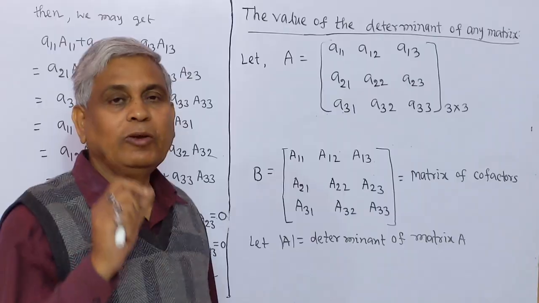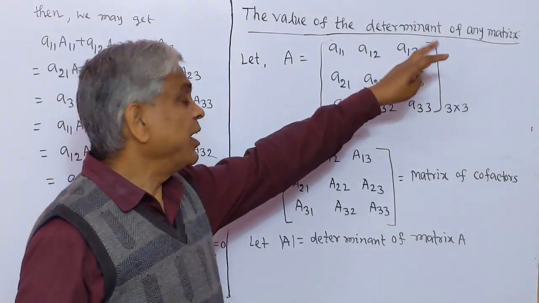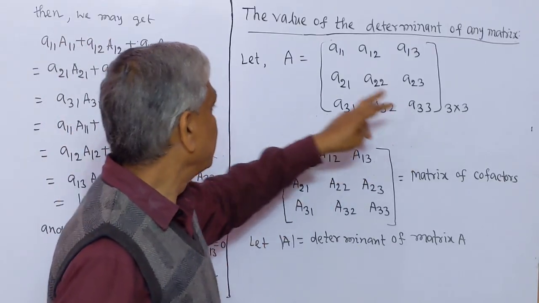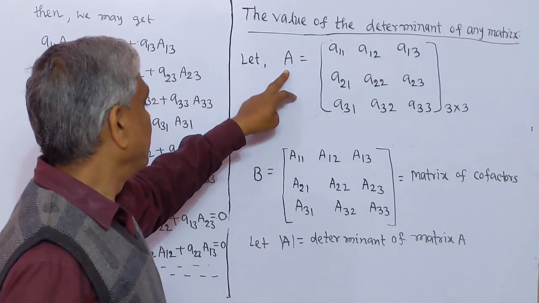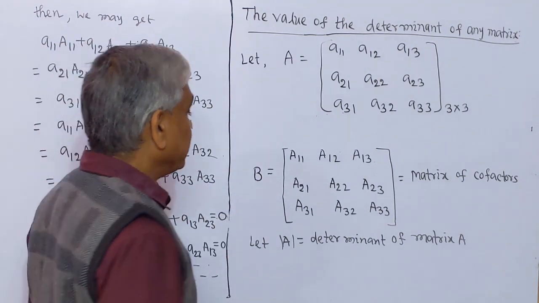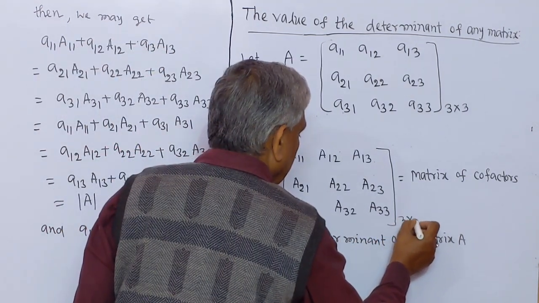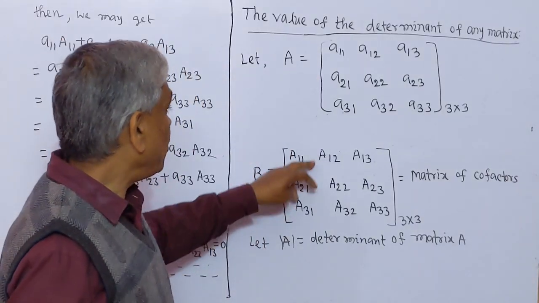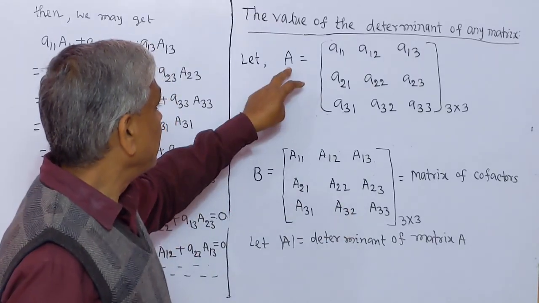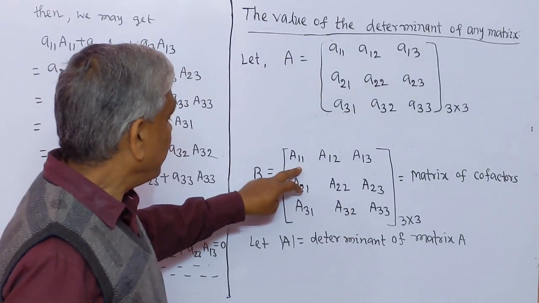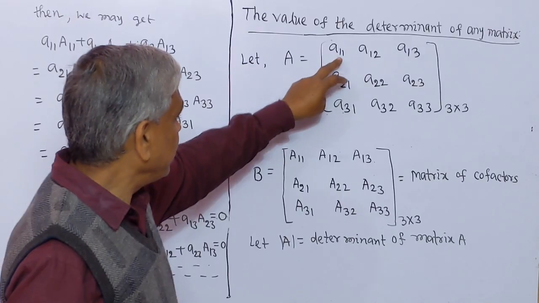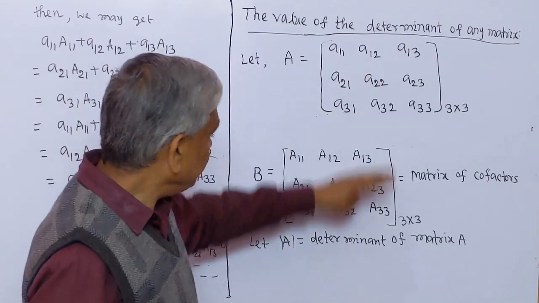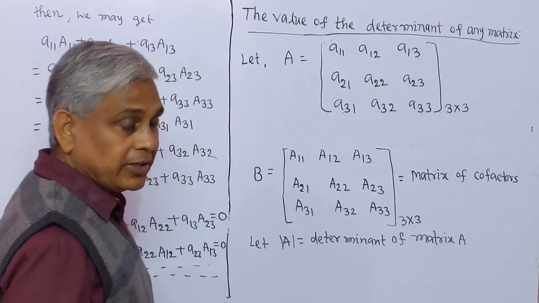Now we find the value of the determinant of any matrix. Let we have a 3 by 3 matrix. This is capital A. Let B be another 3 by 3 matrix which contains the cofactors of corresponding elements of matrix A. Capital A11 be the cofactor of small a11, capital A12 be the cofactor of small a12, and similarly we get other cofactors.